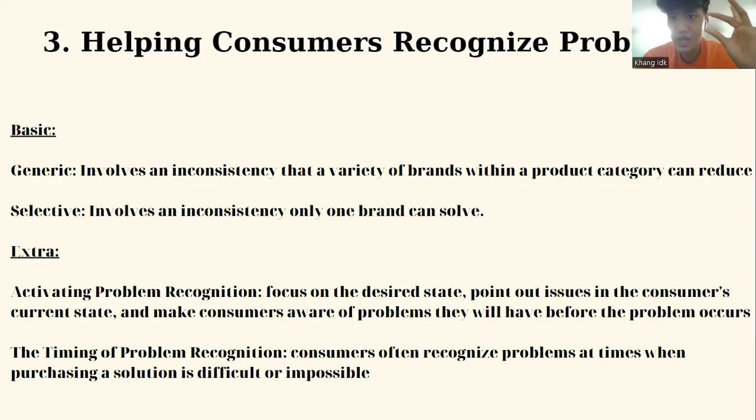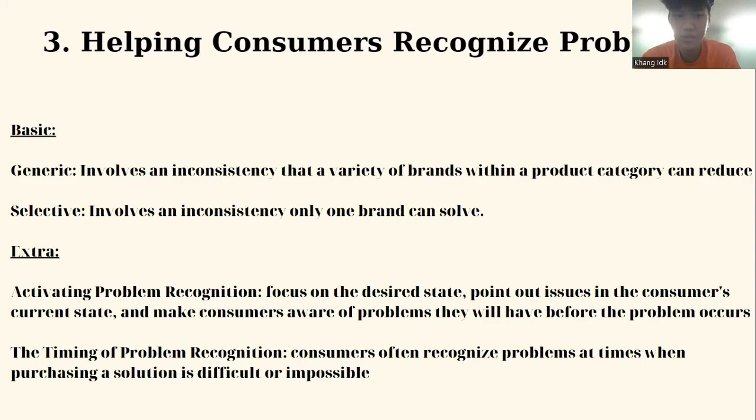Your desired state is to have perfect teeth, and there are issues with your current state of teeth. And if you don't buy or consult with a dentist to get dental braces, your dental problems will increase over time if you don't do anything.